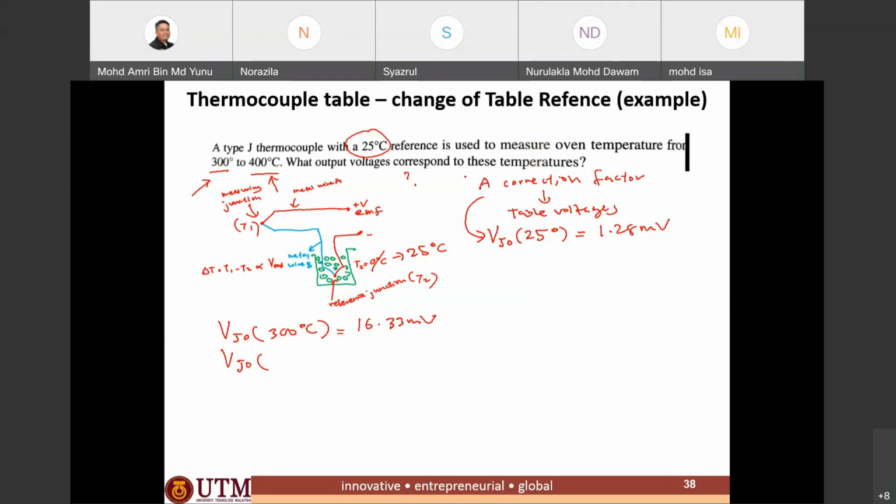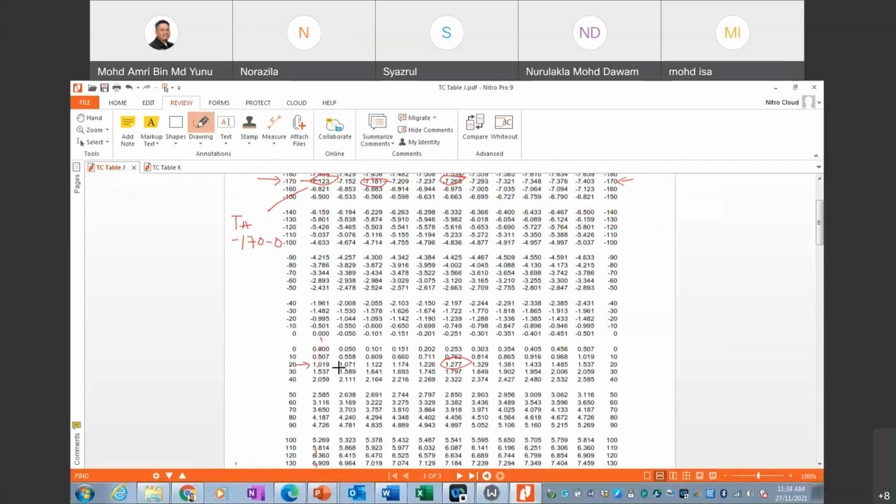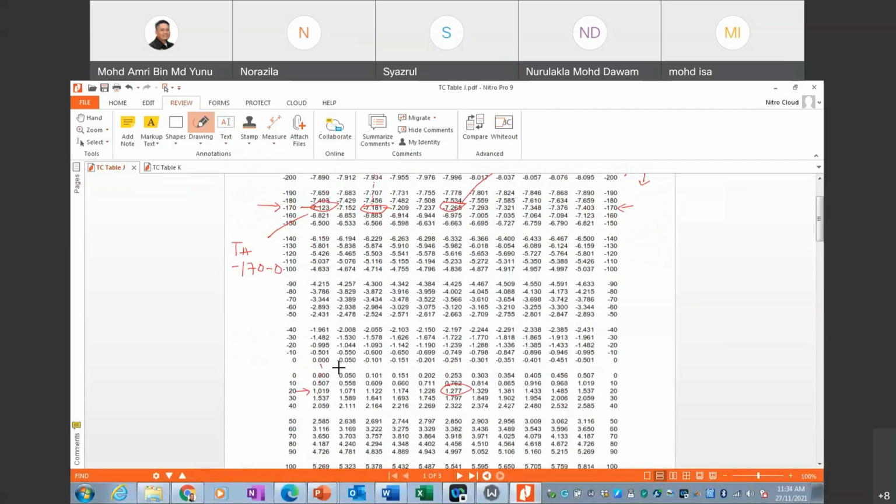So first, you need to find the correction factor value. The correction factor value is actually the output at 25 degrees Celsius. Are you following? Go to the table and find the output at 25 degrees Celsius.